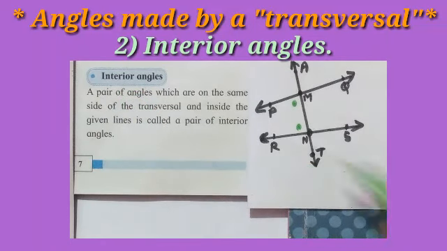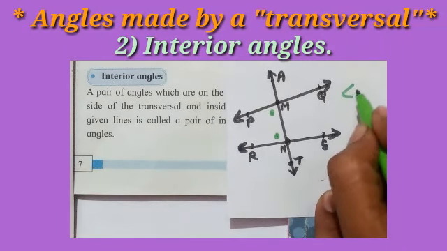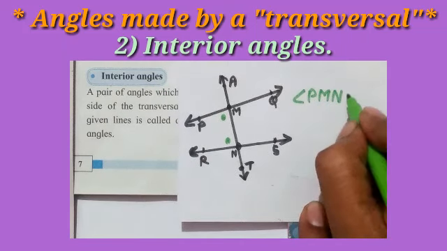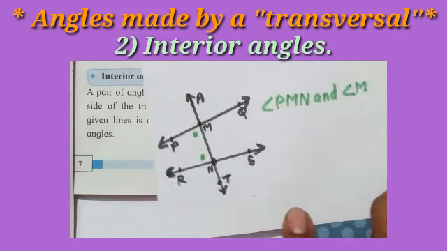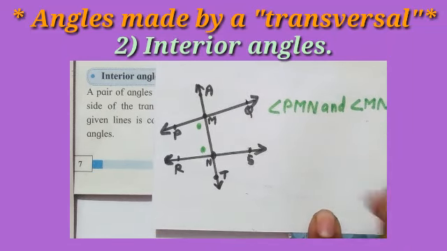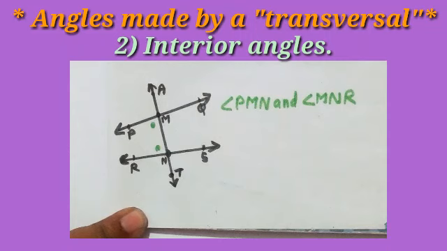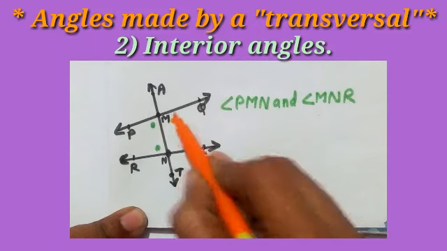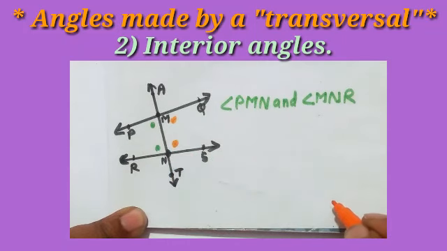Now the second pair, let's write the first pair first: angle PMN and angle MNR. This one is our first pair. Now just see the second pair, that is angle QMN and angle MNS. This one is the second pair of interior angles.